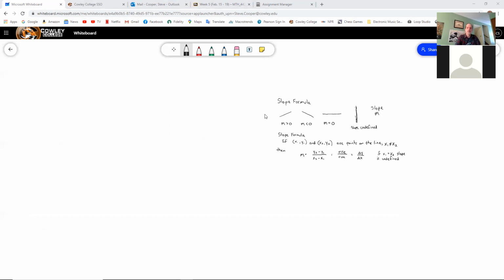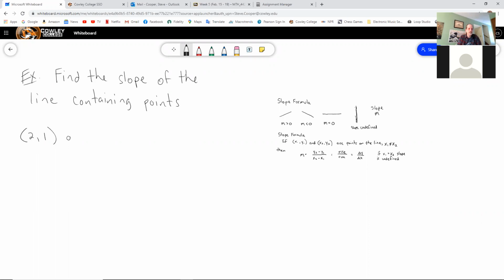So we're going to put this to use. So I'm going to come over here and say, find the slope. Okay, so if I've got a line that contains the points 2, 1, and 3, 4.